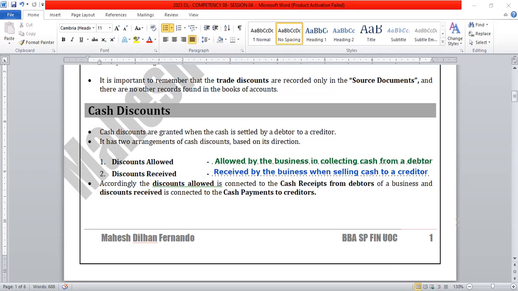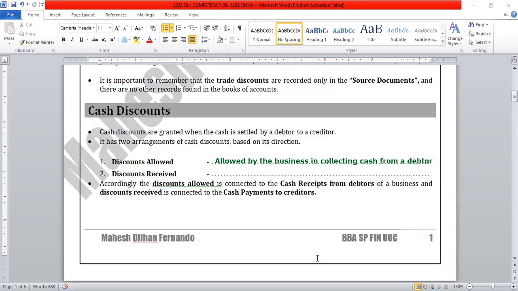Look, son. Discounts allowed is given to whom? To debtors, at the point of the collection. Then discounts received is received by the business when settling, not selling. This should be settling. When settling, right?